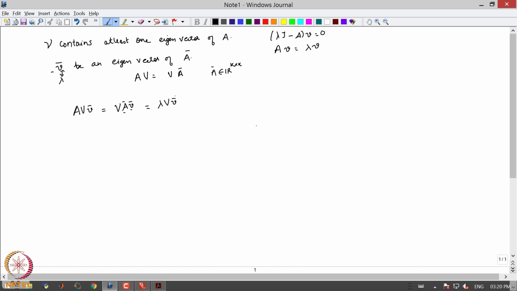Now, if I look at this expression closely, A V v bar is lambda V v bar. So, this has a vector form, right. These are all the same V's. Therefore, this vector V v bar is an eigenvector of A.